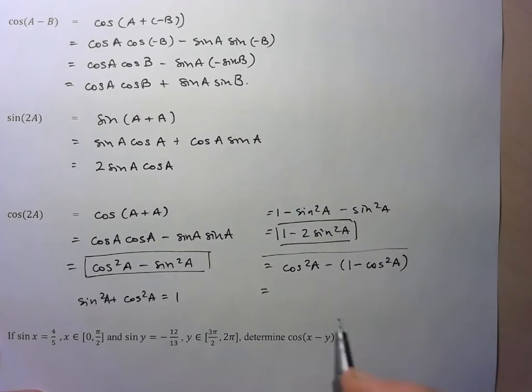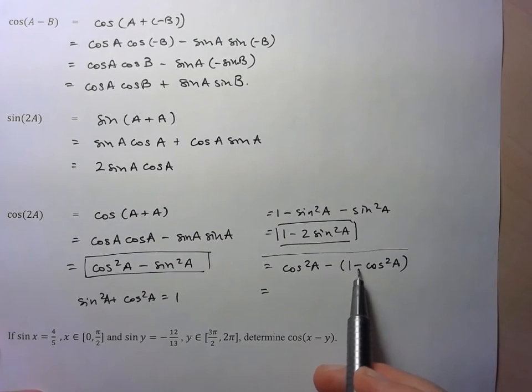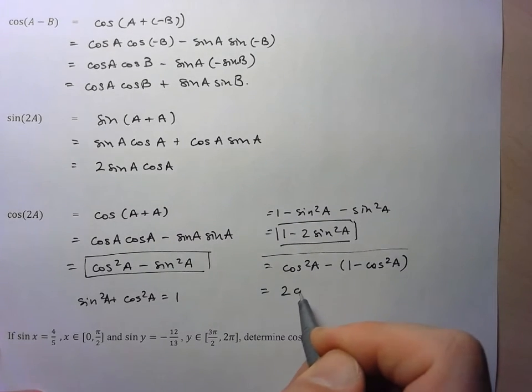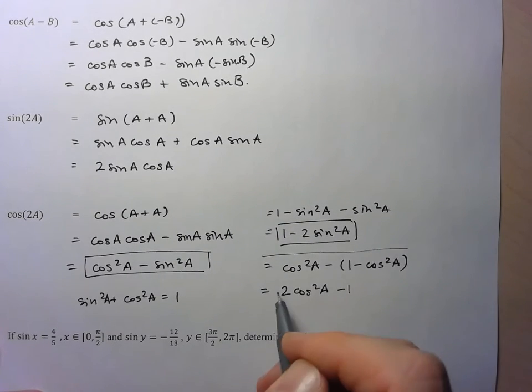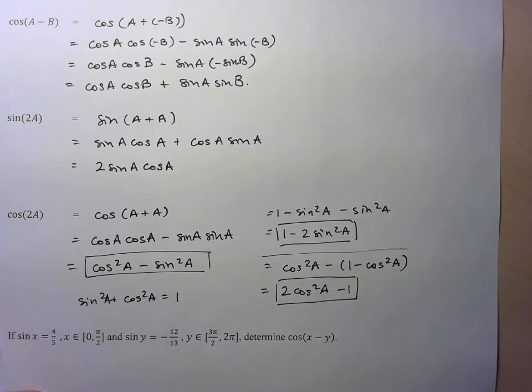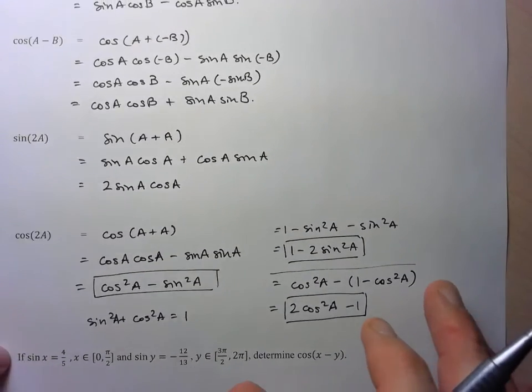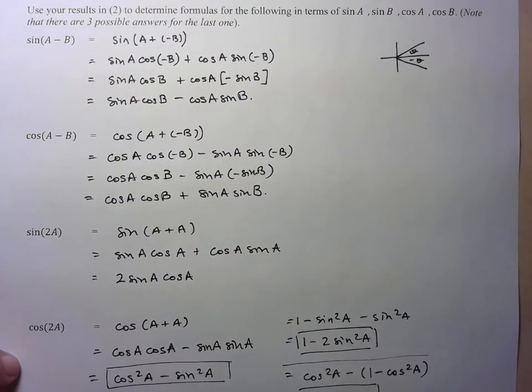And let's see what we have. Well, we have cos squared a plus cos squared a, so 2 cos squared a. And then here we have minus 1. So there's our third version of that identity. So this now adds to the list of all our identities.